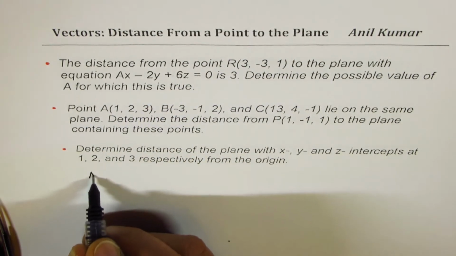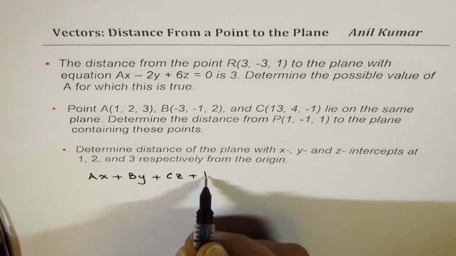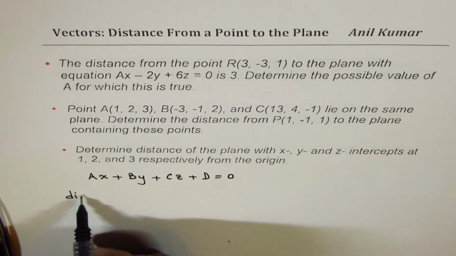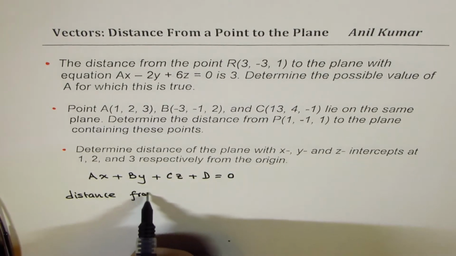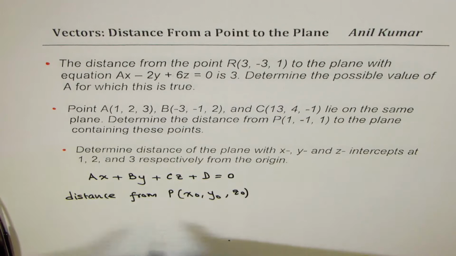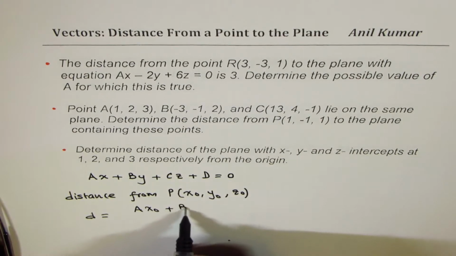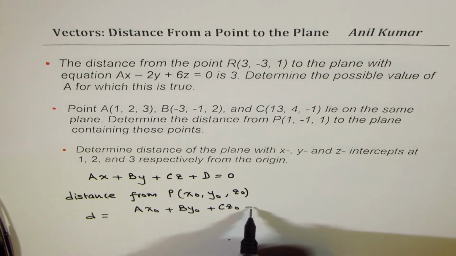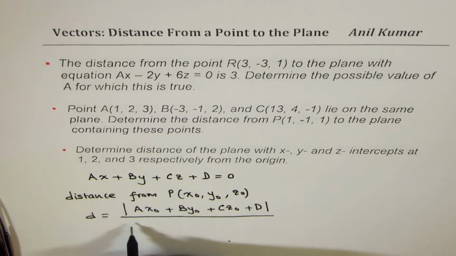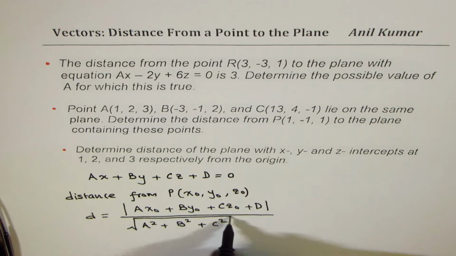In general, the equation of a plane can be written as ax + by + cz + d = 0, and in that case the distance d from a point, let's say P (x0, y0, z0), is given by the expression d = |ax0 + by0 + cz0 + d|, the absolute value of this since distance is always positive, divided by the magnitude of the normal vector, which is the square root of a squared plus b squared plus c squared.